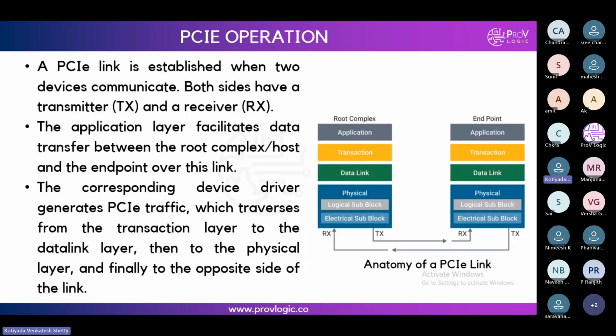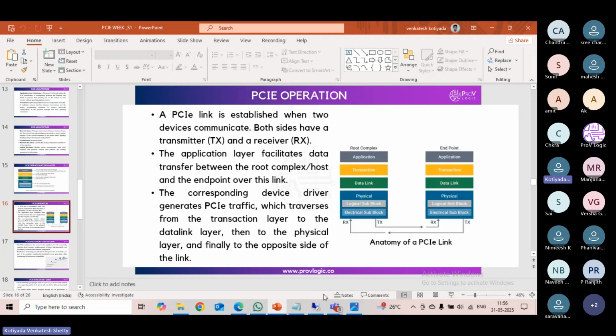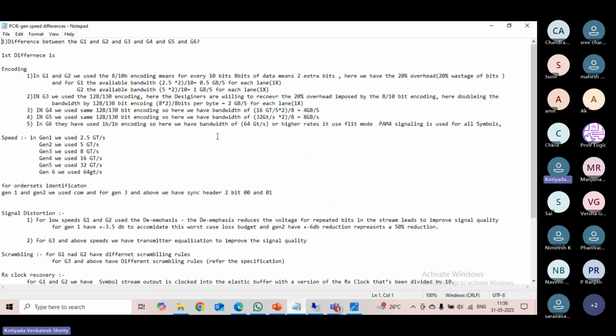Before going to that, I will explain the differences between the different generations. You can note it down, or else we will send this in a Word or Notepad file.